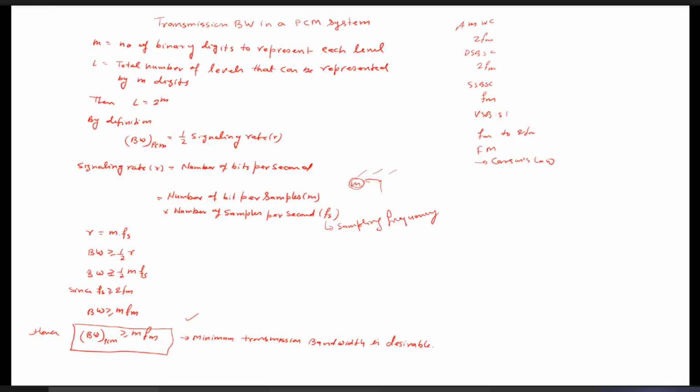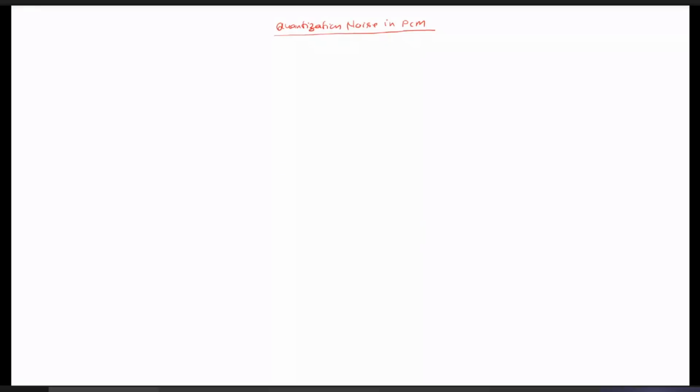Now, in the next topic, although I have not made the slide, we are going to study the quantization noise in PCM. I have already told you how we can calculate the quantization noise in the PCM. The quantization error epsilon is given by Xq(nTs) minus X(nTs).